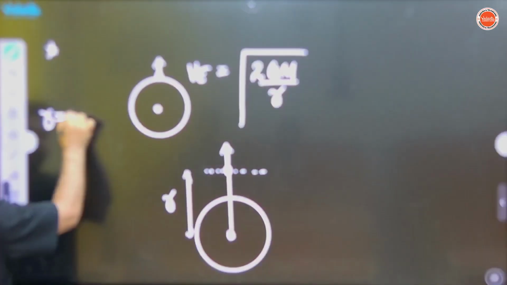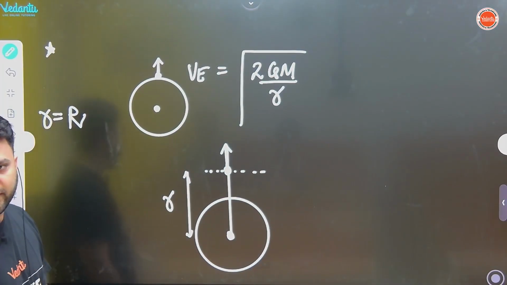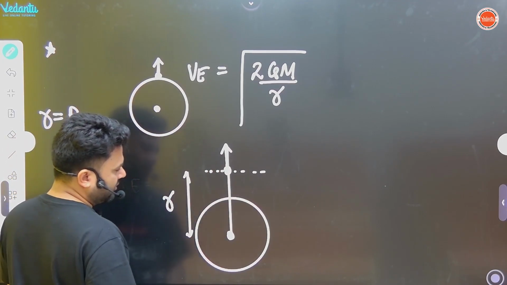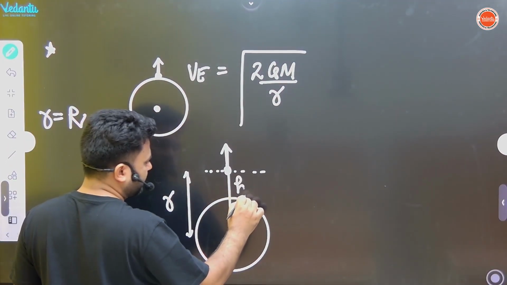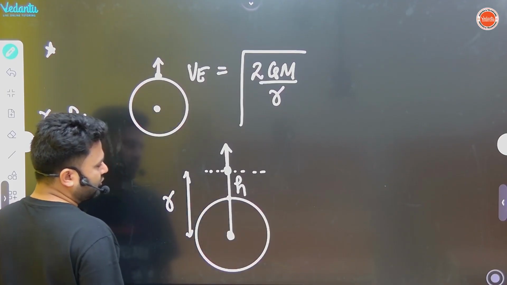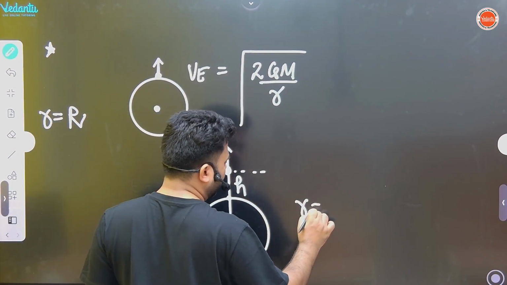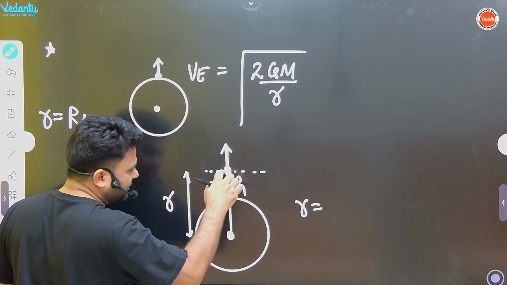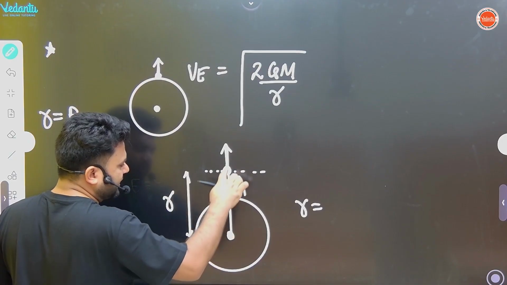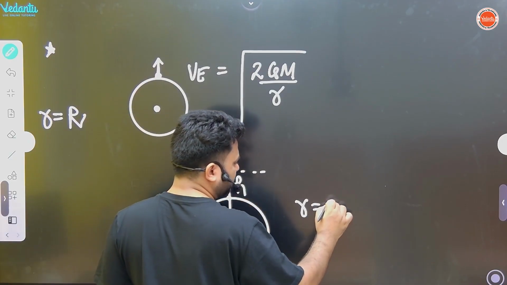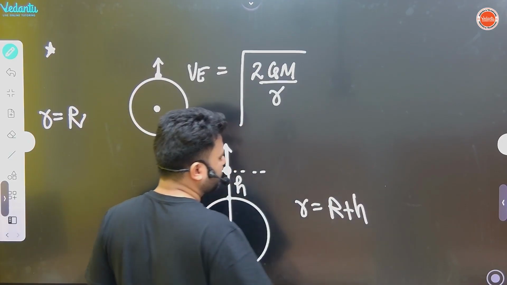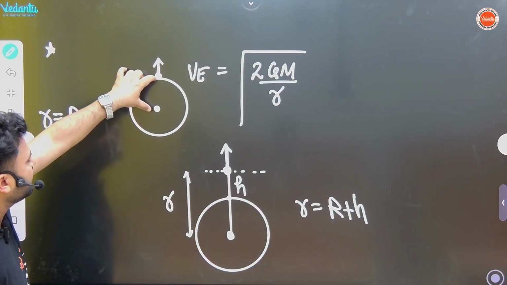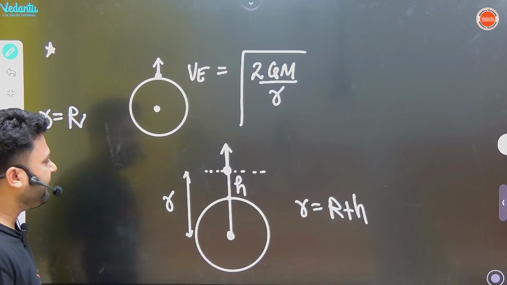Small r will be equal to capital R. If we are throwing from some height h, sometimes they give like this also, then small r is calculated from the center of the Earth, so small r will be R plus h. But if we are throwing from the surface, small r will be this distance, that is R. So you have to be careful.